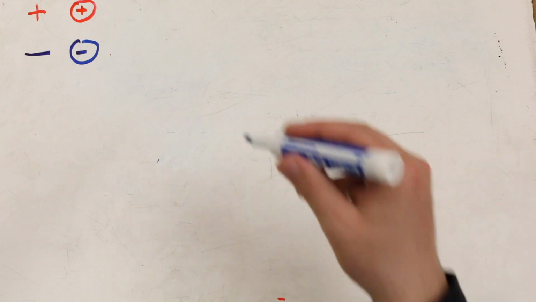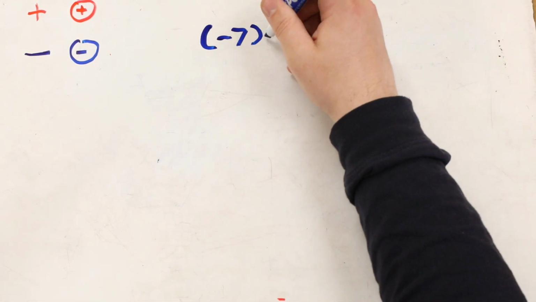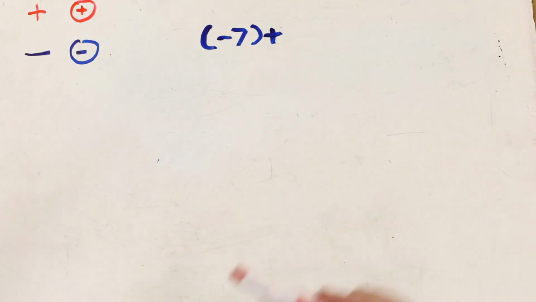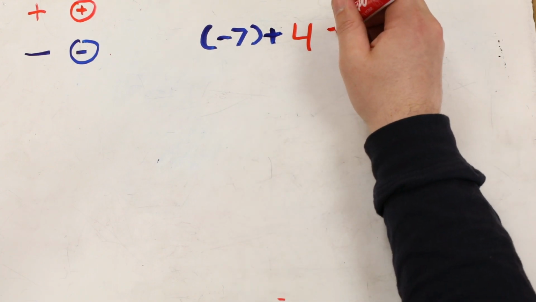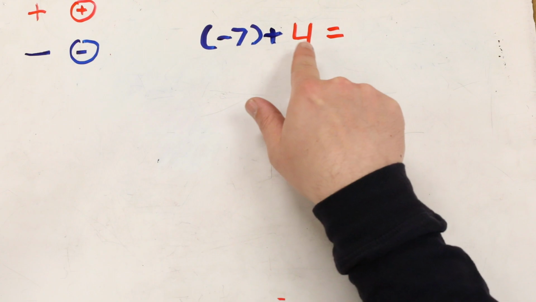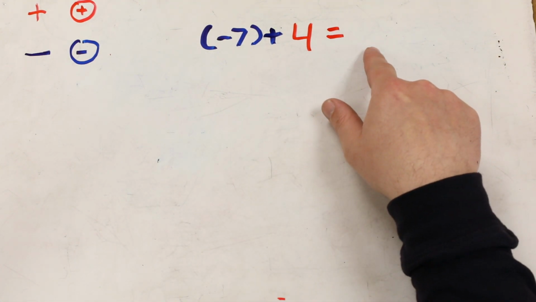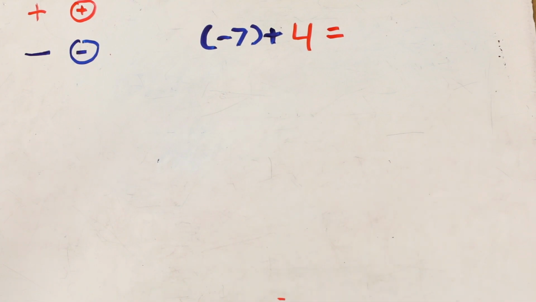So I might start off with -7 plus, and I'm going to add 4 positives. So if we start off with -7 and we're adding in 4 positives, what's our answer going to be? We can also think of it using hot and cold.